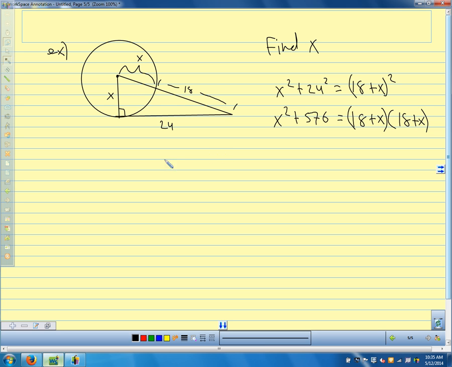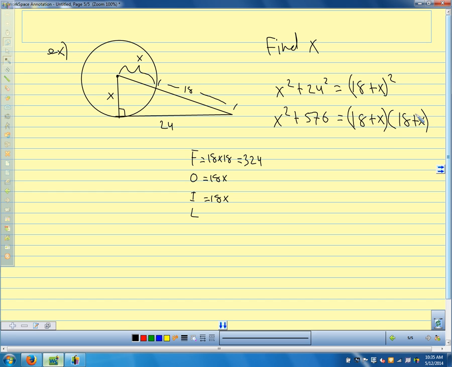So let's write that out over here, just so we can keep track of it. F-O-I-L. The first, 18 times 18. I'm multiplying the first things in the parentheses. 18 times 18 is 324. The outside, 18 times x. Inside, 18 times x.